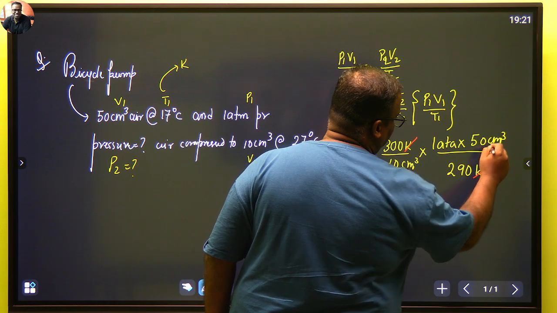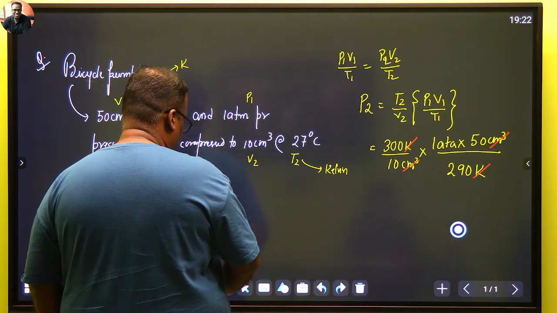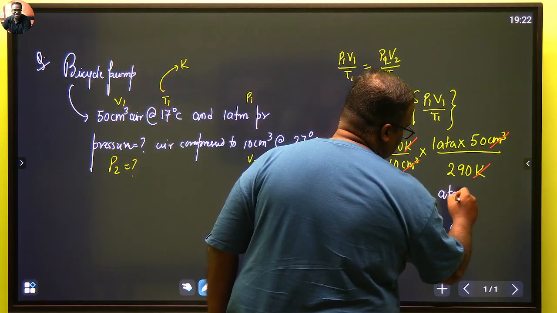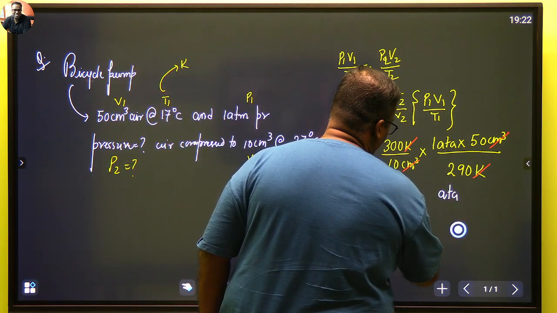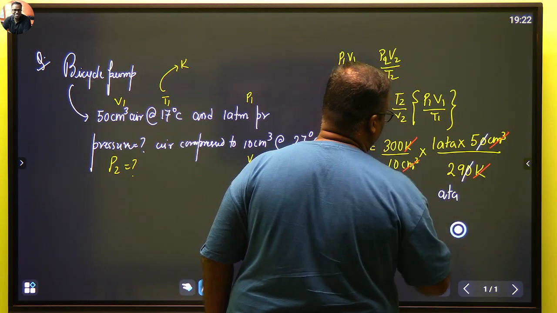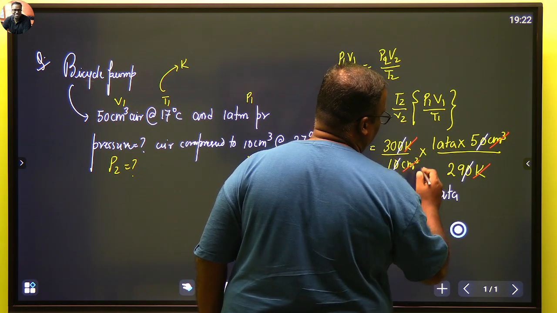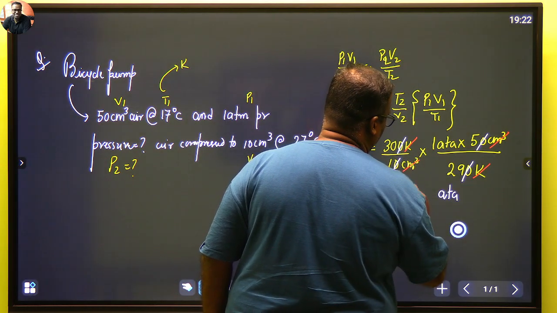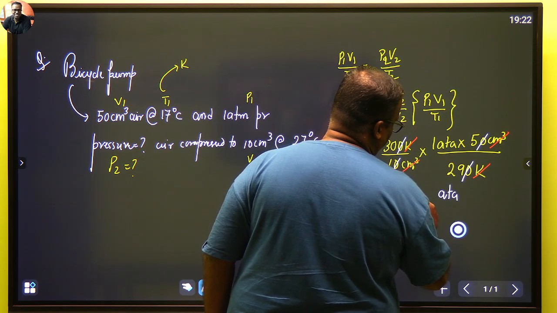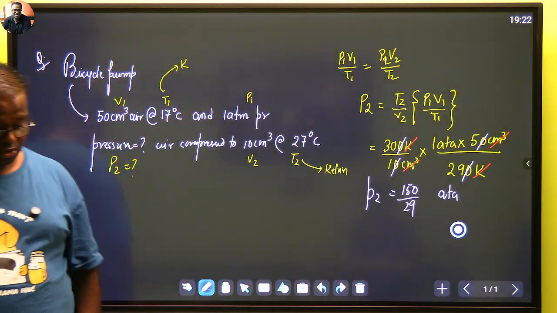Now try to see your units first so that you are doubly sure. Kelvin takes away Kelvin, centimeter cube takes away centimeter cube. So the answer you are going to get will always be in atmosphere, and that is what is needed because you are trying to solve P2. How do you solve P2? 0 takes away 0, and then this 0 takes away this. So it's 3 into 5 is how much? 150 divided by 29. Had it been 30, then its answer would have been 5.